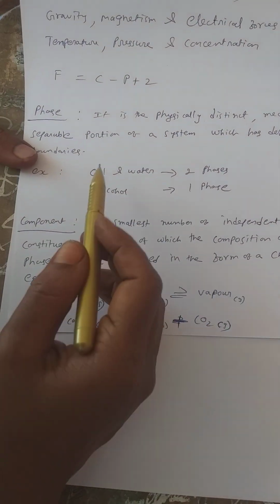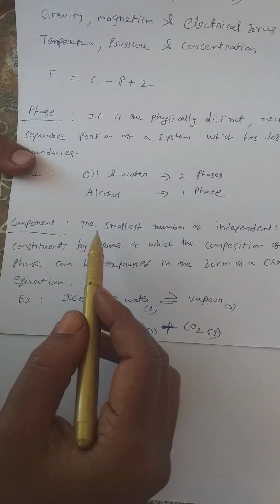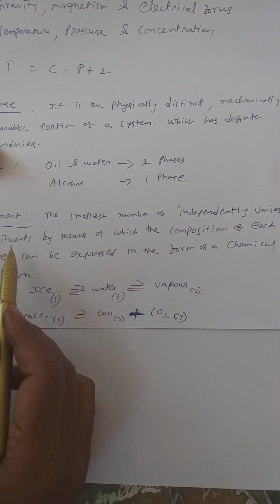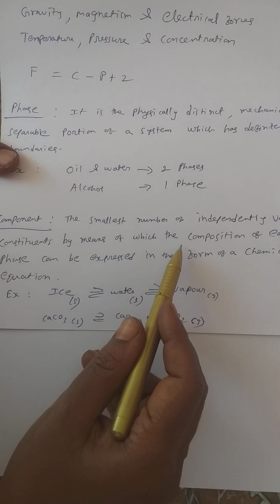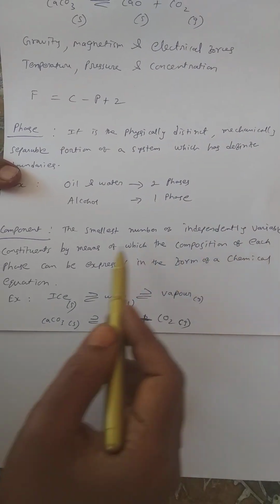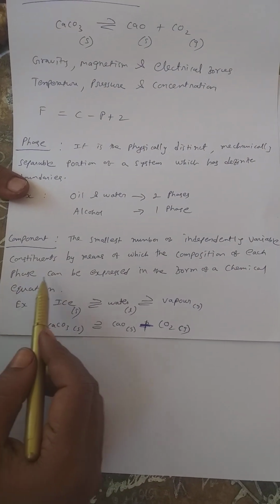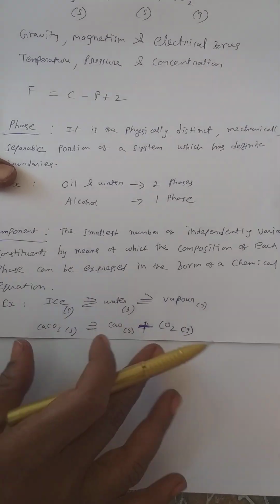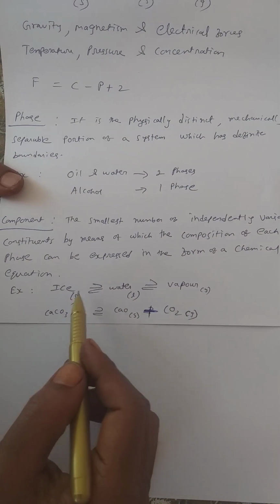And about components, it is defined as the smallest number of independently variable constituents by means of which the composition of each phase in an equilibrium can be expressed in the form of a chemical equation. And that also can be explained with the help of an example.